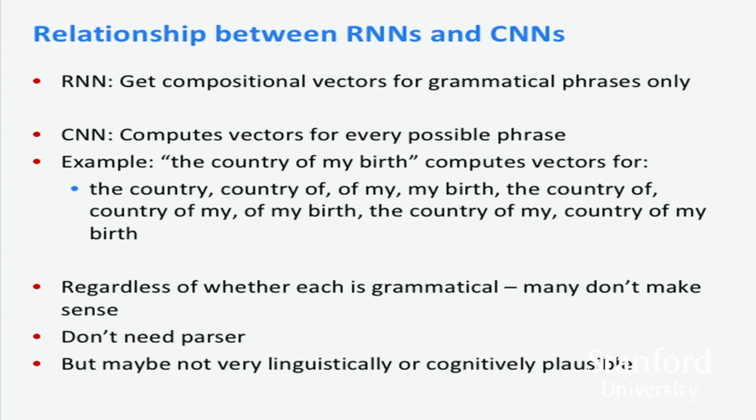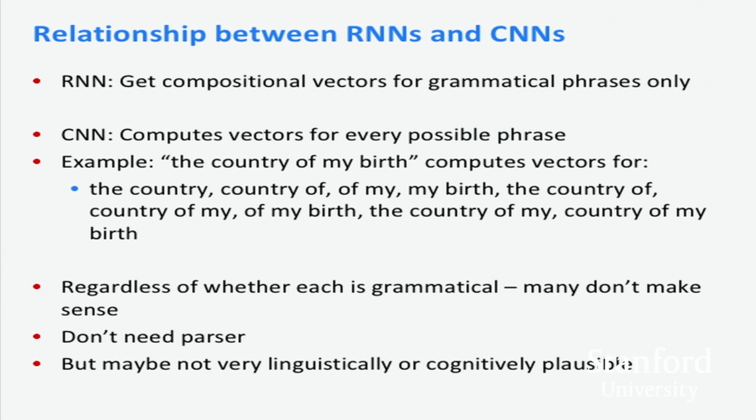Whereas what a convolutional neural network does is say, okay, let's just work out representations for every pair of words, every triple of words, every 4 words, regardless of whether they make any sense or not. But again, there's actually an advantage to that, right? Since you're not having to make any choices and you're just doing it for every pair and every triple of words, you don't need a parser. You're back to this uniform computation without any choices.